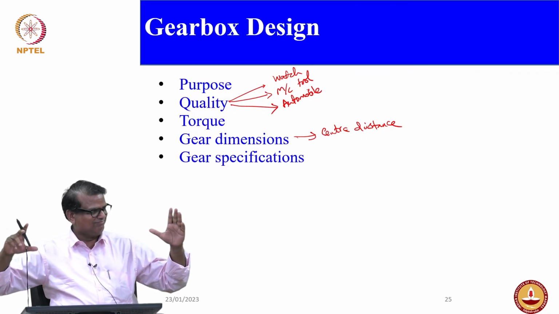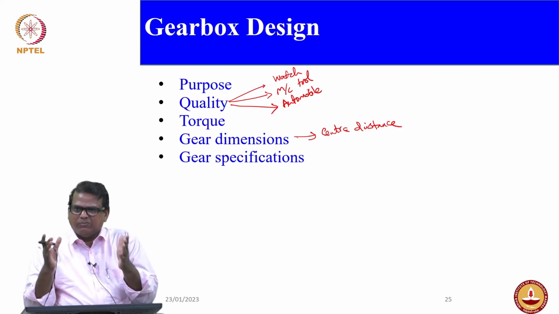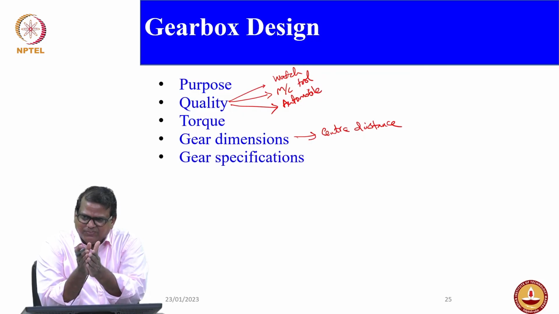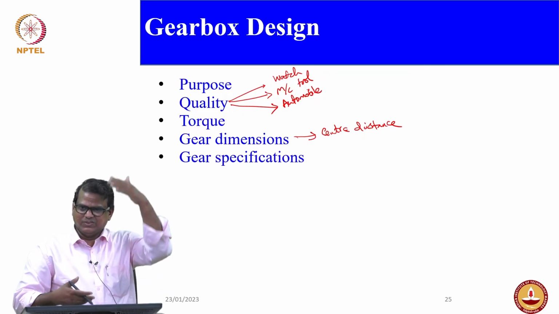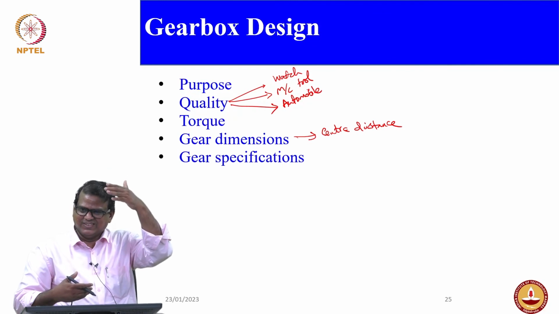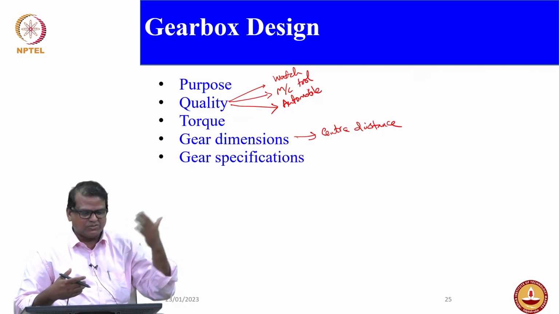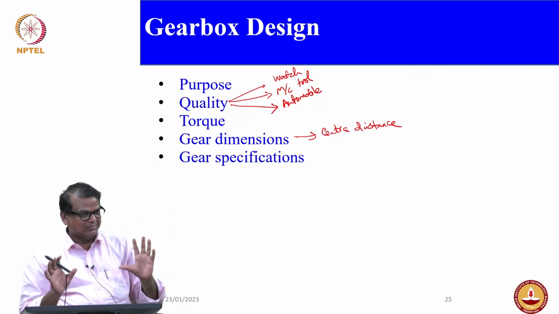A machine tool is even more specified, and a watch, where the gears are, even more. How about sugar cane? You have freedom there, that should be fine. So the gear dimension is very critical.